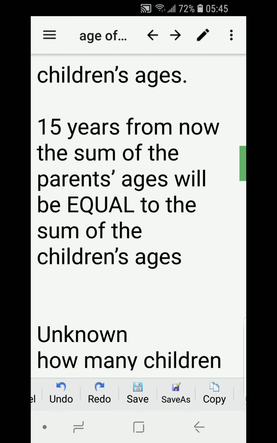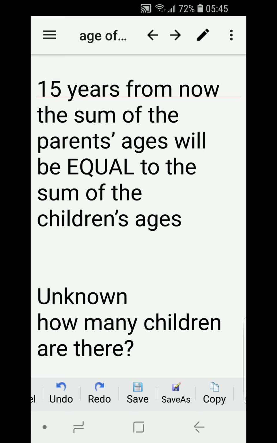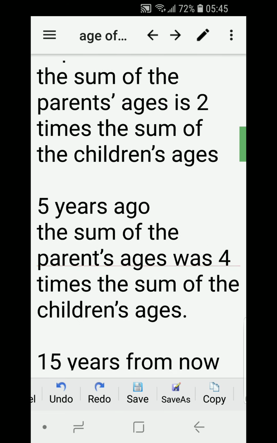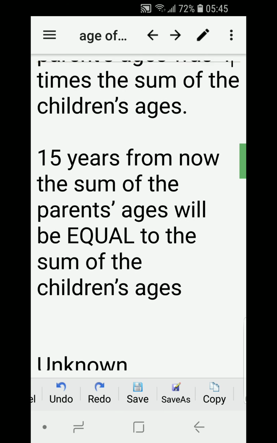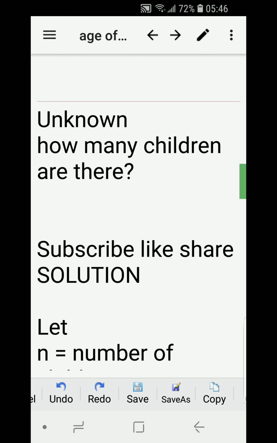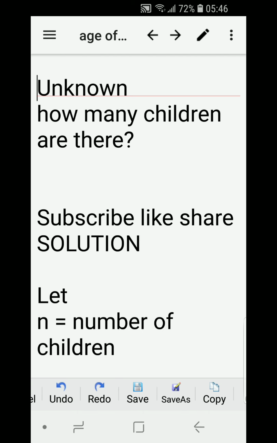Then, 15 years from now, that's in the future, the sum of the parents' ages will be equal to the sum of the children's ages. So there is present, there's past, and there's future relationship here. And then the unknown is to solve for how many children the parents had.